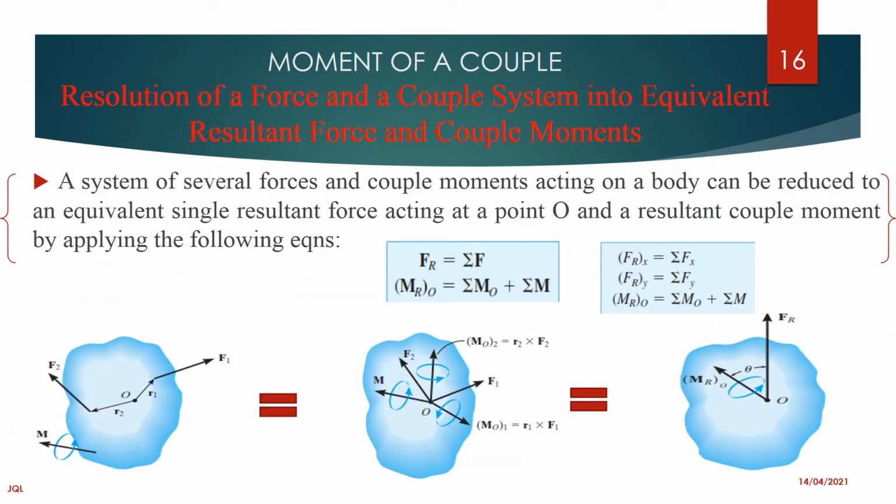Resolution of a force and a couple system into equivalent resultant force and couple moments. A system of several forces and couple moments acting on a body can be reduced to an equivalent single resultant force acting at an arbitrary point, an example maybe say O, and a resultant couple moment by using our famous equations.